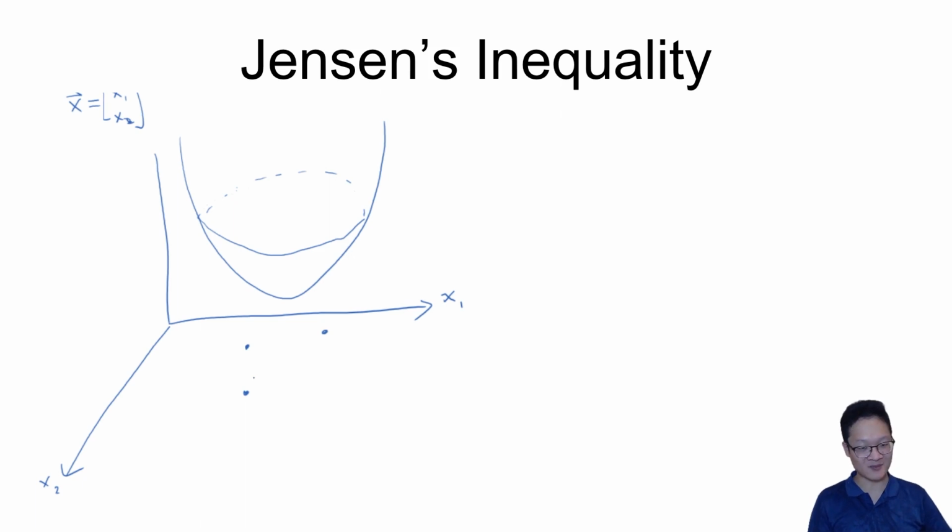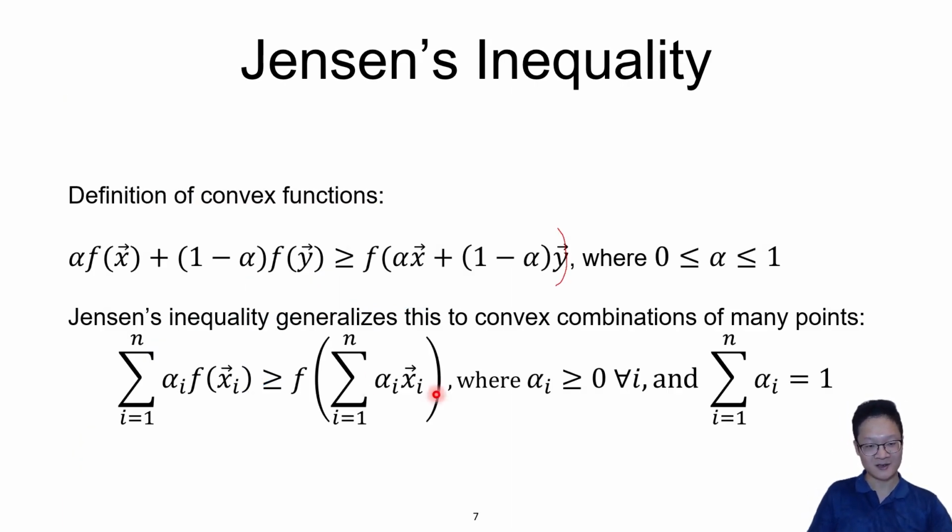Whenever we take the convex combination, the result will always be in the convex hull of all the points. So in this case, it will be everywhere inside the triangle. This is going to be the set of input vectors that we're going to be looking at on the right-hand side. So the question is, what happens when we plug any of these points into f?